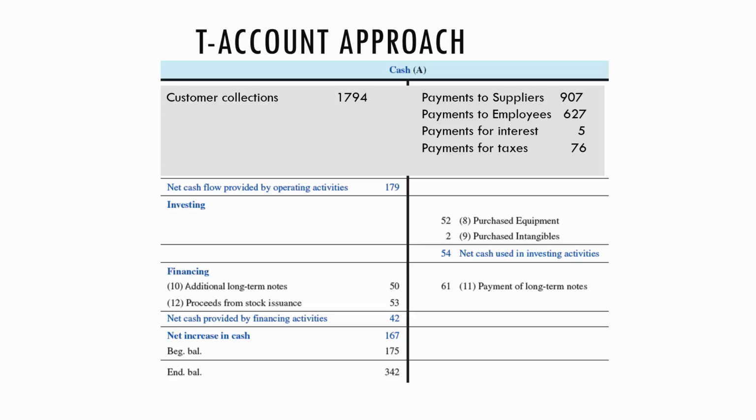So what you've done here is with the cash account, you've gone in and you've categorized everything and put them in the proper categories. So operating up here, investing here, financing, beginning balance, changes, ending balance.